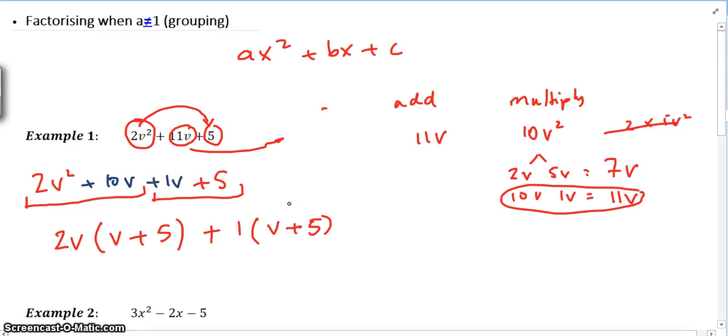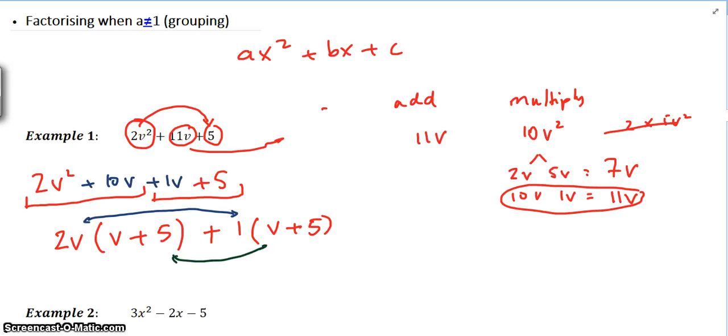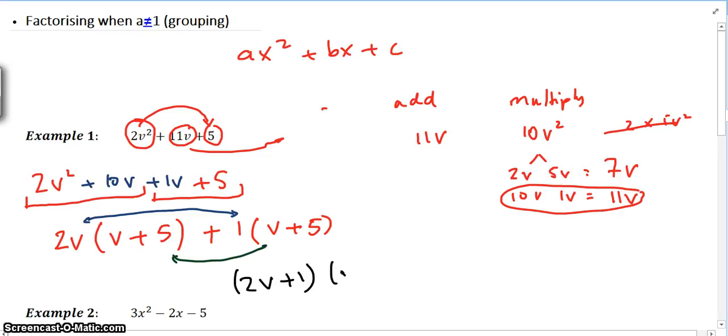So we can group these two things together, and these two group together. What ends up happening is the answer is 2v plus 1 times v plus 5 as our final result. Okay, and that is correct using grouping.